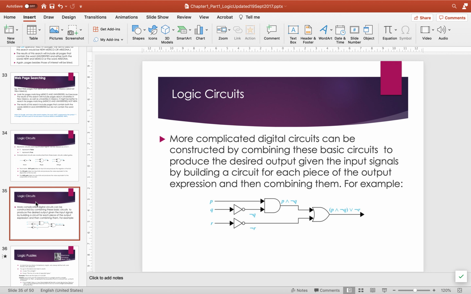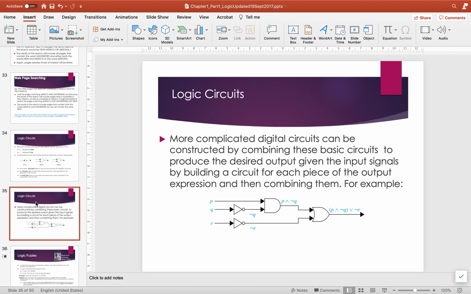Okay, so we have P, Q, R, but the P, it will go to the AND gate. And now we have the second statement here, the Q. The Q, it will pass through the negation gate. Okay, so after it passes through the negation gate, it will give us negate Q. Okay, and then the P and the negate Q pass through the AND, then we get this one.